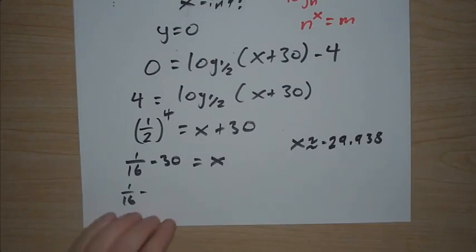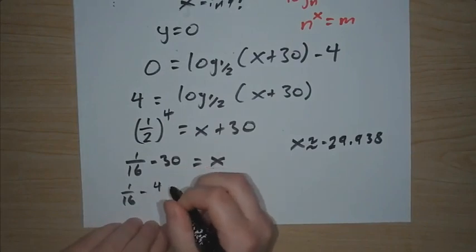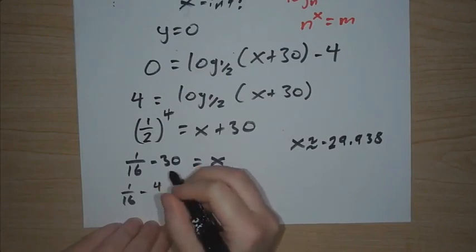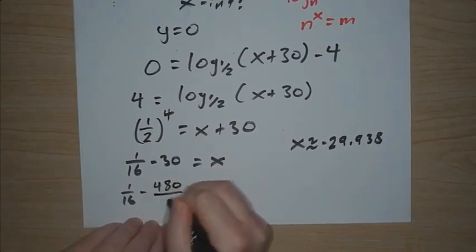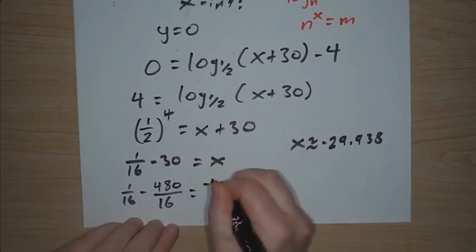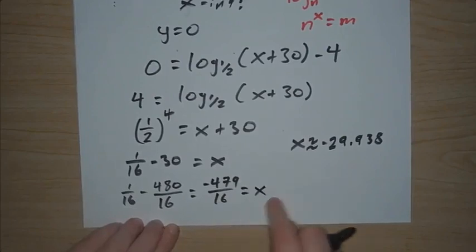So 30 times 16 is 480, excuse me, 480 over 16. Now that they have the same denominator, we can subtract. So 1 minus 480 is negative 479, divided by 16 is equal to x.